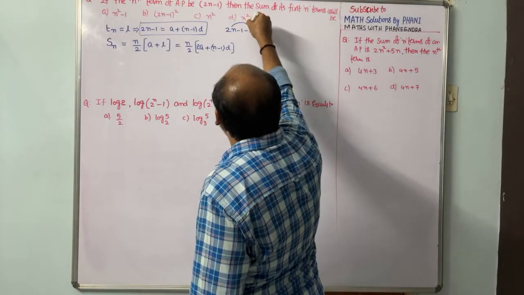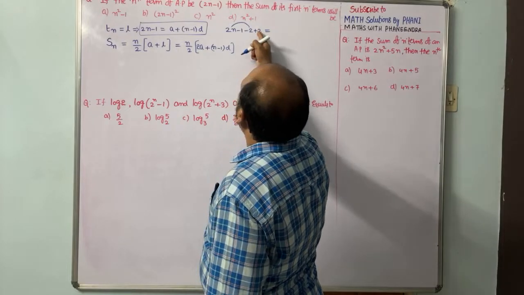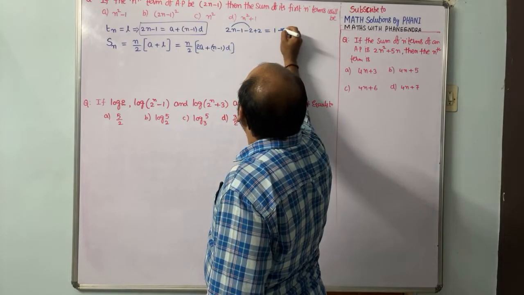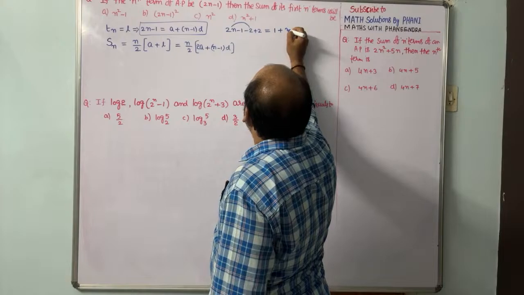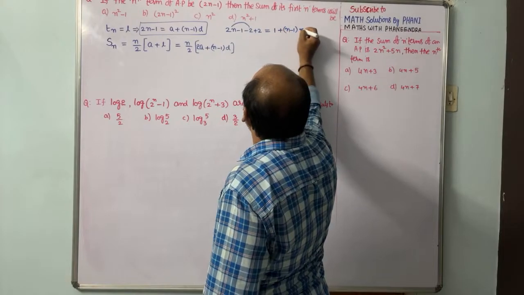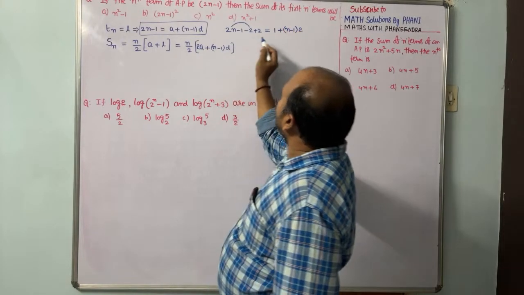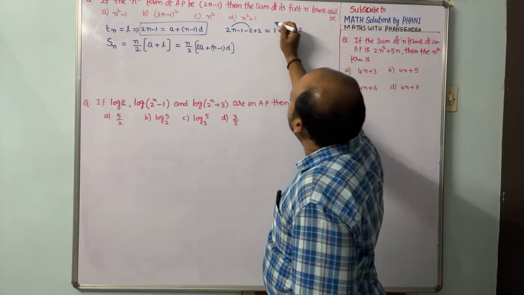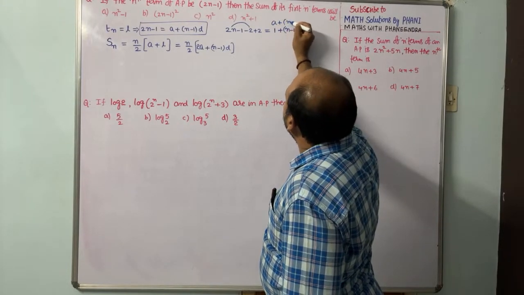From the first two take 2 common, 2 minus 1 is 1, plus from n minus 2... n minus 1 into 2. We can write it. Now it is in the form of A plus n minus 1 into d.